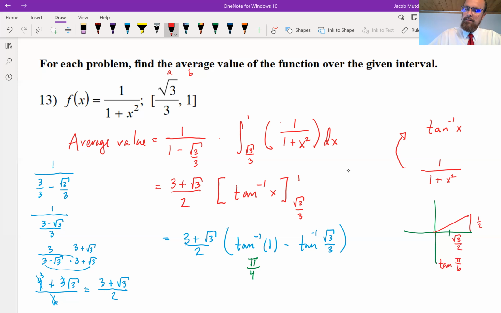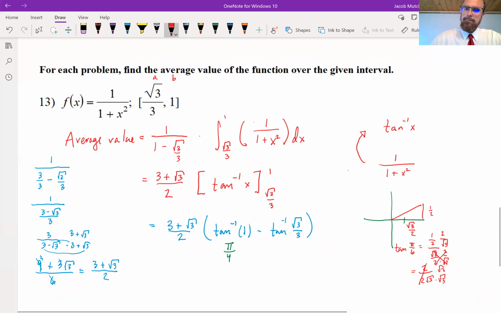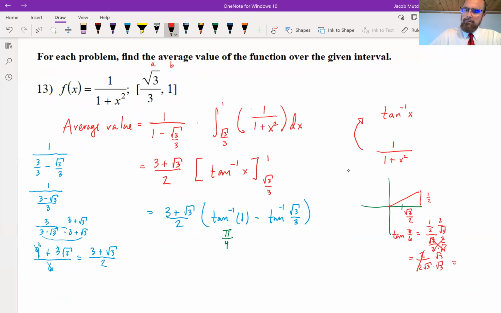I would divide the vertical by the horizontal, so it'd be half over square root of 3 over 2. Then I'm going to multiply by the reciprocal of this denominator to cancel the denominator. That would give me 1 times 2 over 2 times the square root of 3. The 2's cancel, multiply by square root of 3 above and below. And sure enough, that is giving me square root of 3 over 3. So inverse tangent of square root of 3 over 3 is going to be pi over 6.